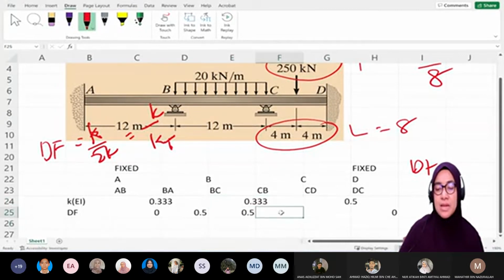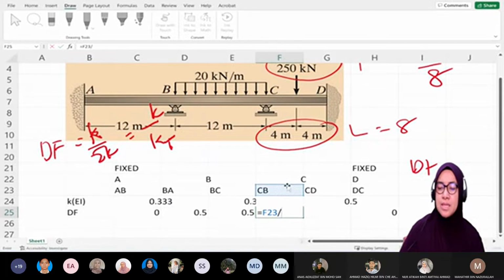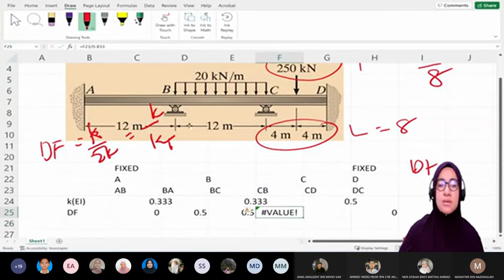Okay, so to calculate DFCB means KCB lah, divide by total. Okay, total is 0.833. Alamak, kejap.